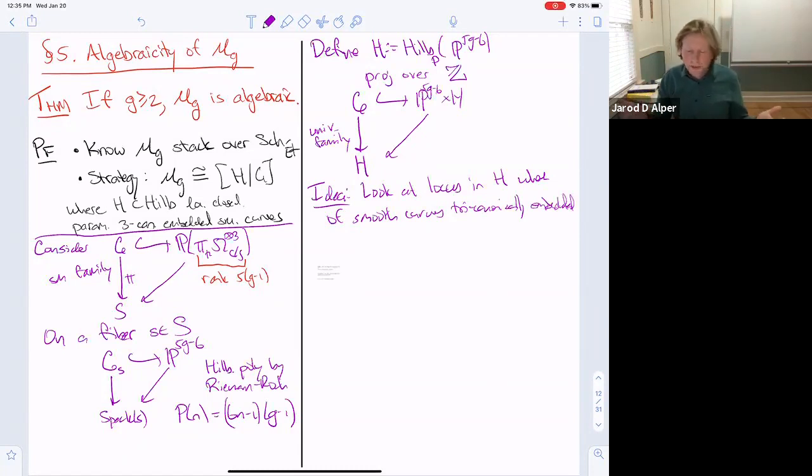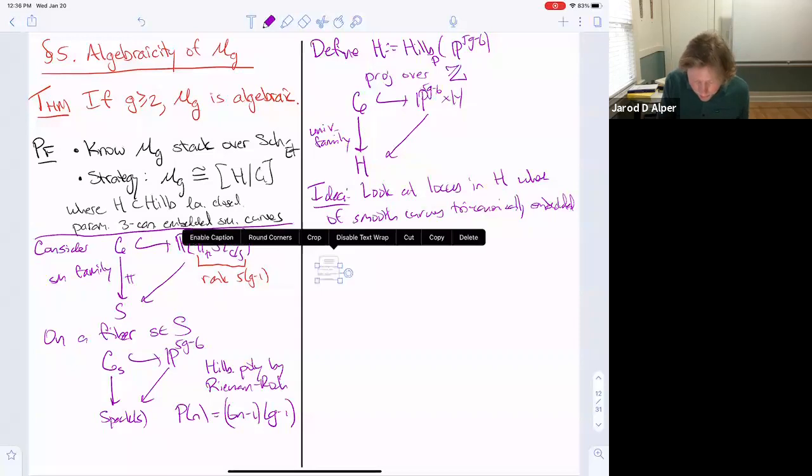Hilbert schemes can have awful singularities. So the curves that they're parametrizing certainly may not be smooth. They may not even be pure dimension 1. So we want to restrict to nice ones. And so here's a more precise statement that we need.